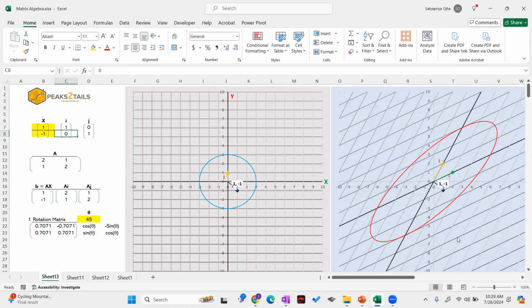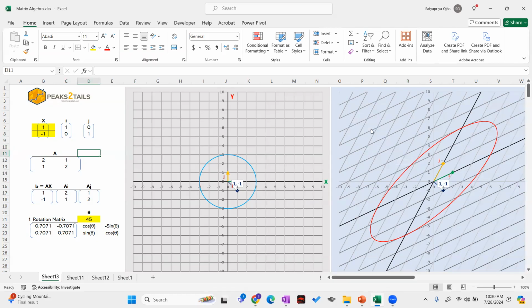Now look at this. The original vector is 1, minus 1. This matrix got multiplied with this. What is the final vector? 1, minus 1. Direction has not changed, obviously.